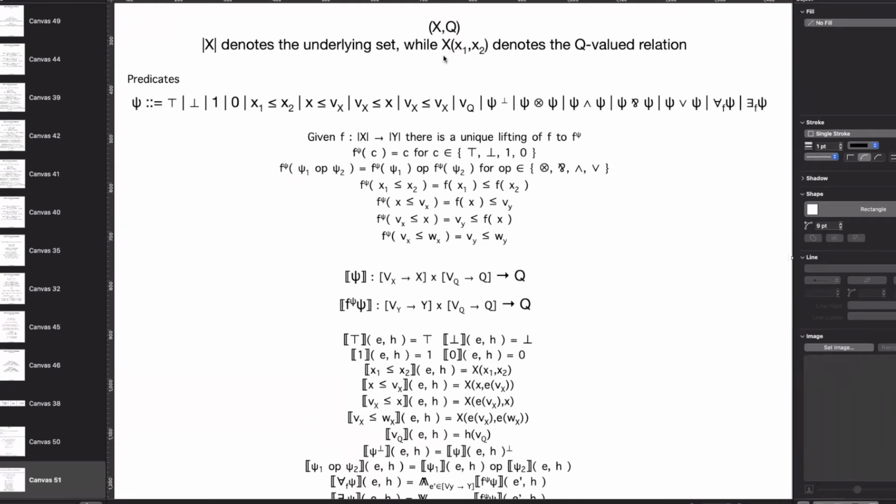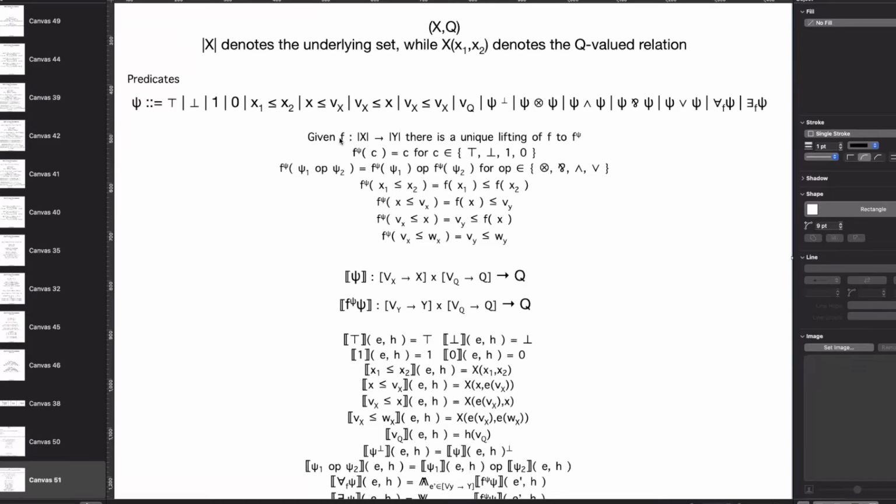So F of whatever the value is that is given by X of X1, X2 has got to be less than or equal to Y of F of X1, F of X2. Hopefully that's clear. If it's not clear, I can write it down for folks.